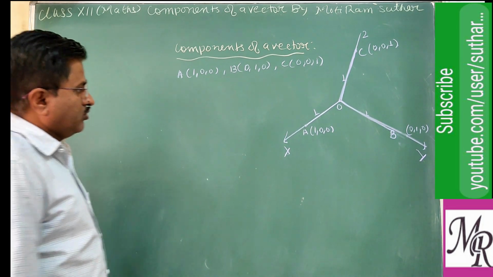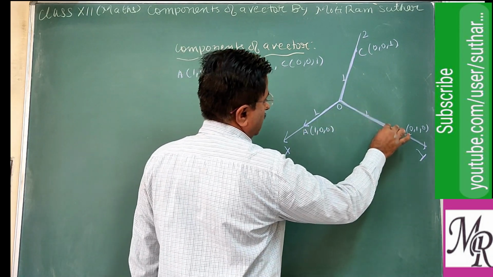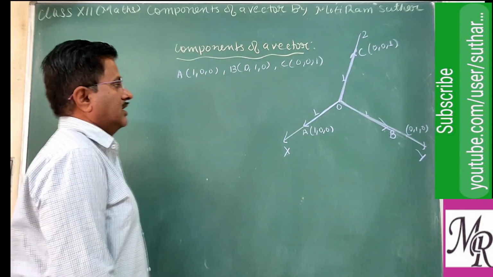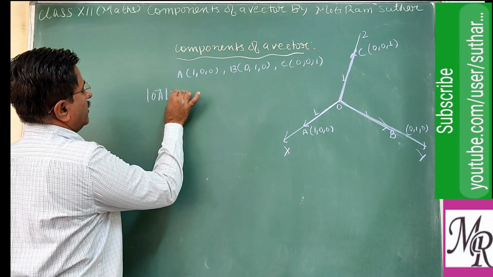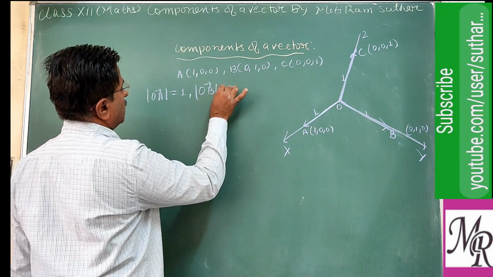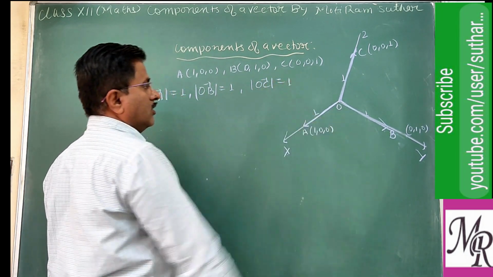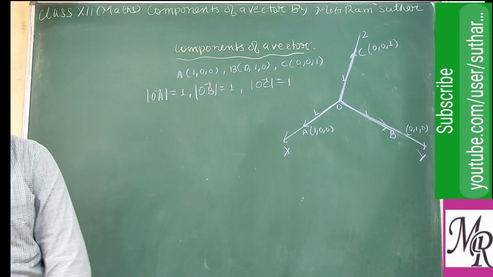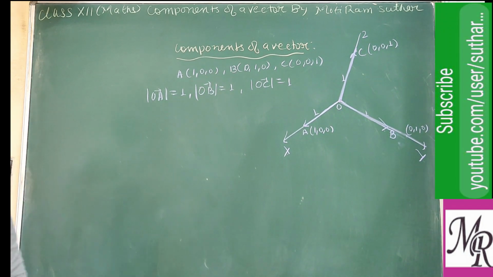Then clearly if you represent the vectors, this is OA, OB, because this has magnitude as well as direction. So we can say the magnitude of vector OA is 1, the magnitude of vector OB is also 1, and the magnitude of vector OC is 1. So each vector has magnitude equal to 1. That's why these are called unit vectors.